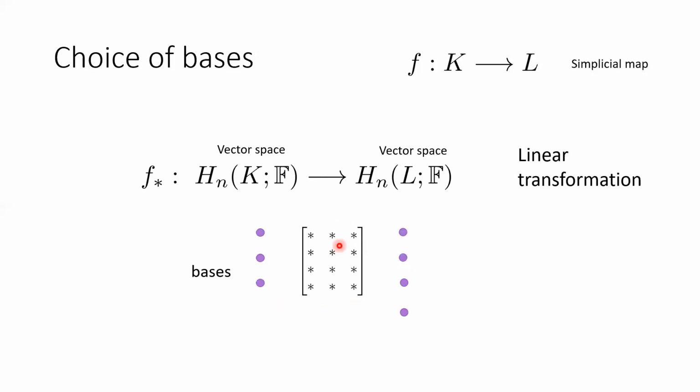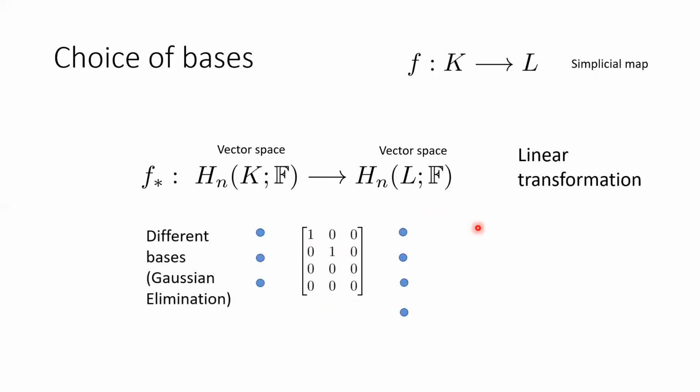You can do row operations, you can do column operations. In particular, you can do Gaussian elimination to the matrix. Let's say that Gaussian elimination to this matrix results in the following choice of bases. So we went from the purple bases to the blue bases. And let's say that the matrix that I obtained by doing Gaussian elimination now looks like this.